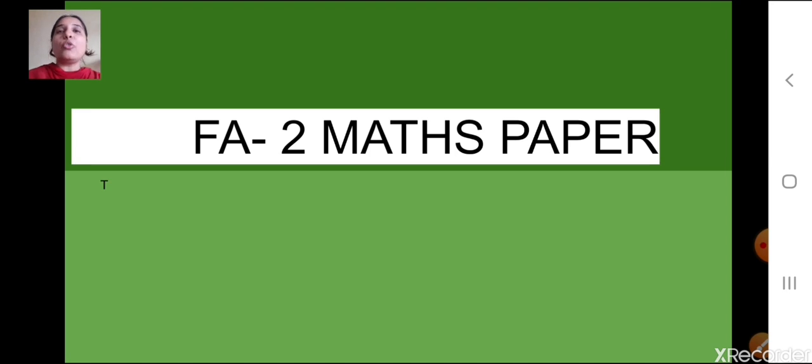Options will be given, you just have to click the correct option. Okay, you don't have to do any calculation or write any statement anywhere in the system. Only solve that question in your rough notebook, and then after getting the correct answer, you just have to click the correct option.